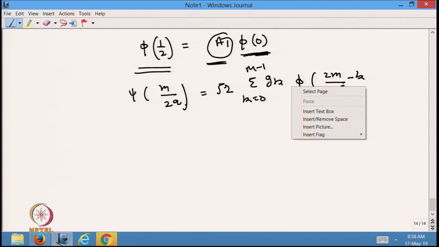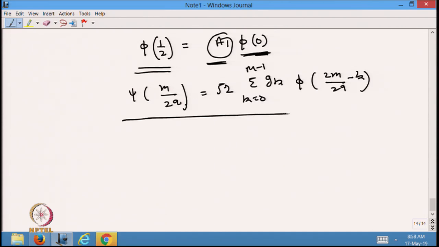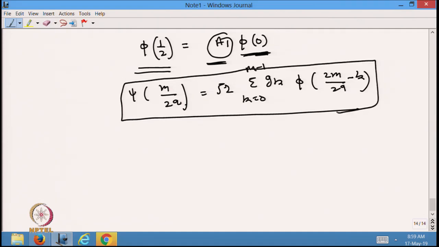So initially we will compute phi, phi is known to you, the g_k's are known to you, then you can compute psi at any m by 2^q dyadic grid.